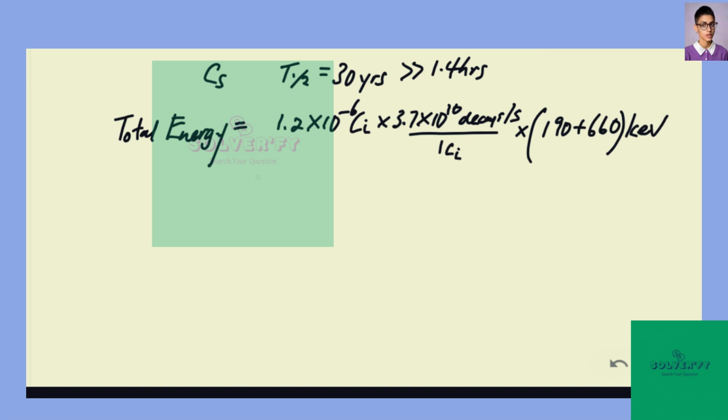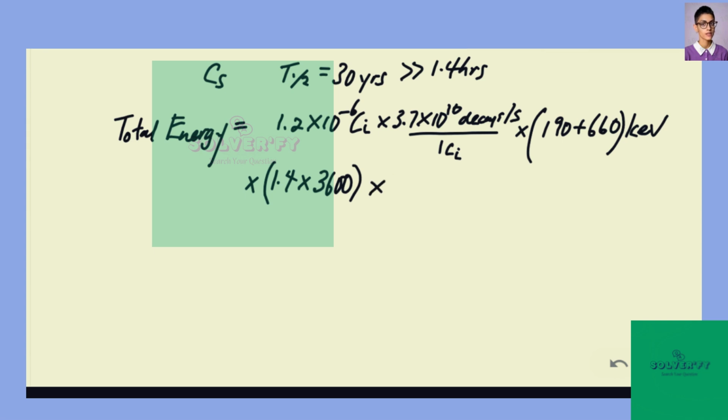And we are given that the total time is 1.4 hours, right? So we have to convert from hours to seconds. So that's 1.4 times 3600, which will be the total number of seconds. And finally, we will need to convert our energy to joules, since dose is in terms of joules per kilogram.